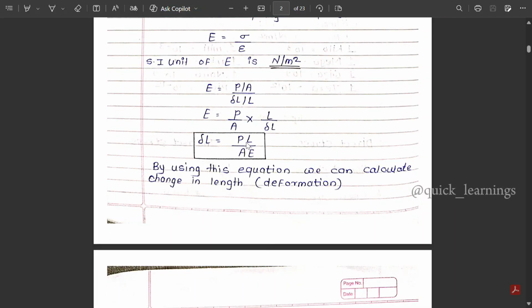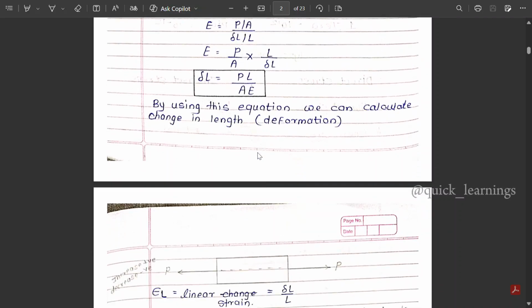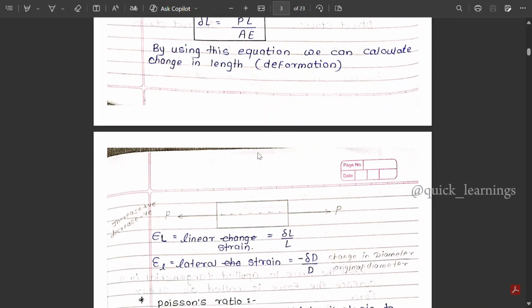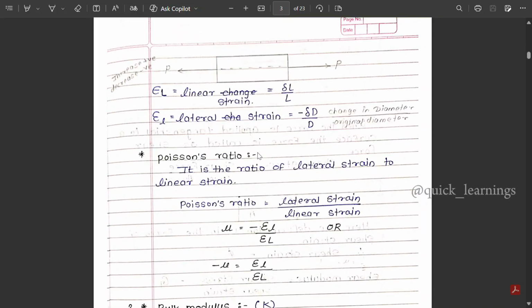P is the force, L is the actual length, A is the area of the surface, and E is the modulus of elasticity. There we get the change in length formula. By using this equation, we can calculate the change in length, that is deformation.